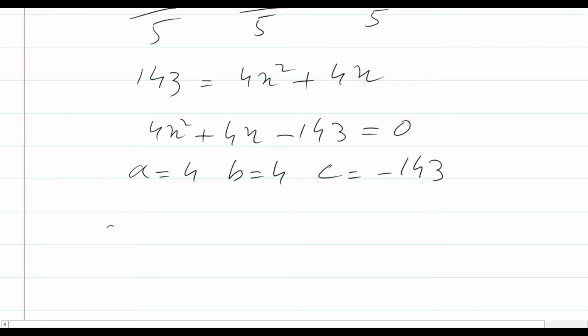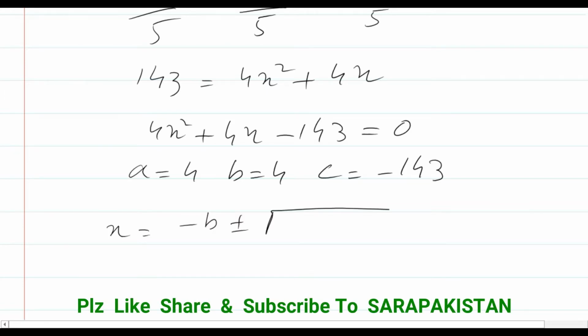x will be minus b plus minus square root of b square minus 4ac whole over 2a.